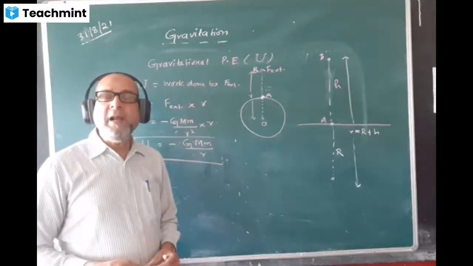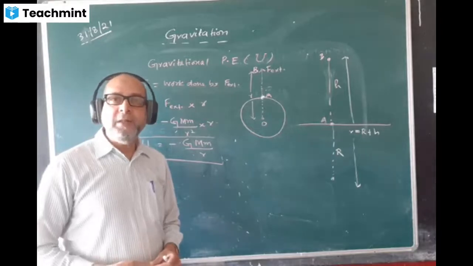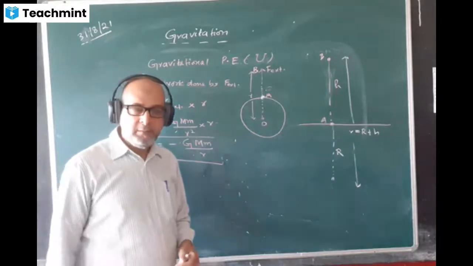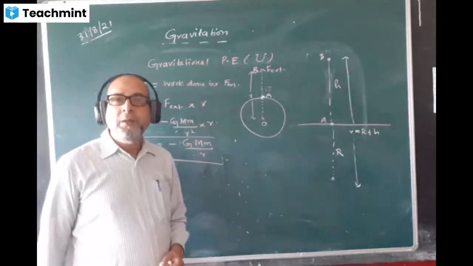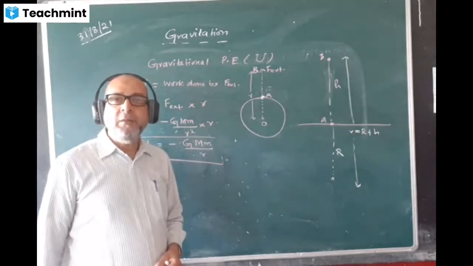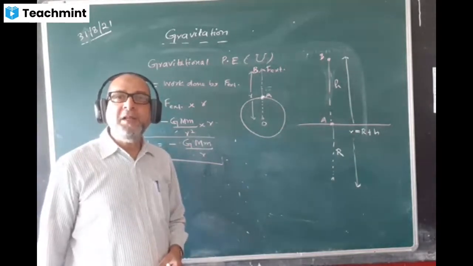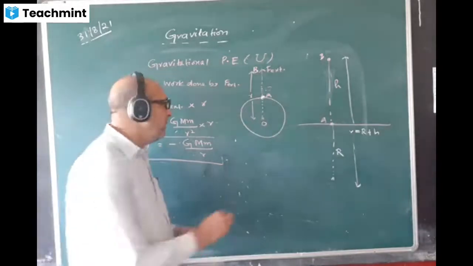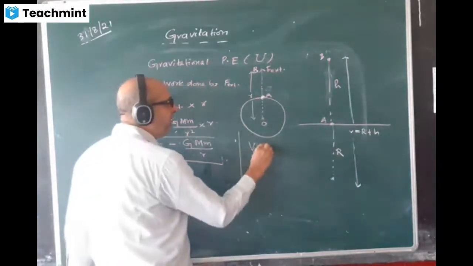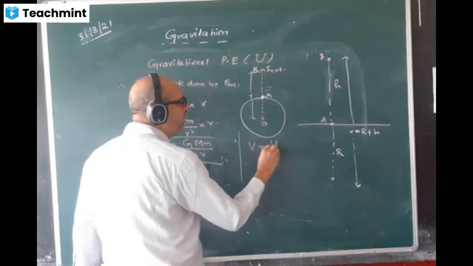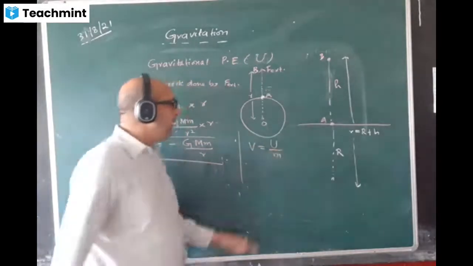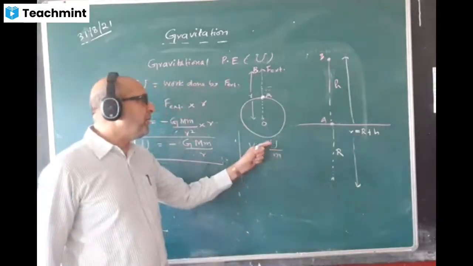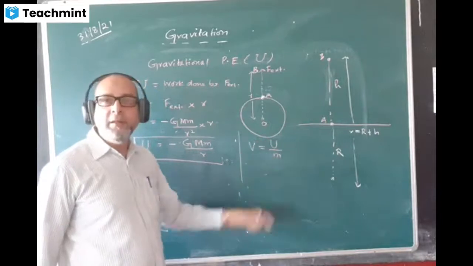Give the heading gravitational potential, denoted by V. Write the formula V is equal to U by M, that is, gravitational potential energy per unit mass of the body.